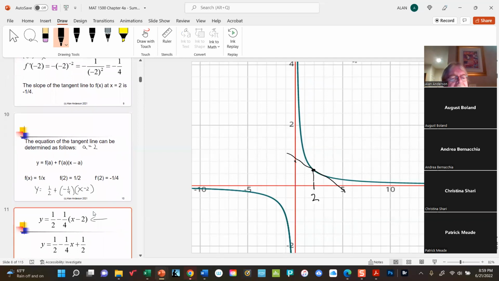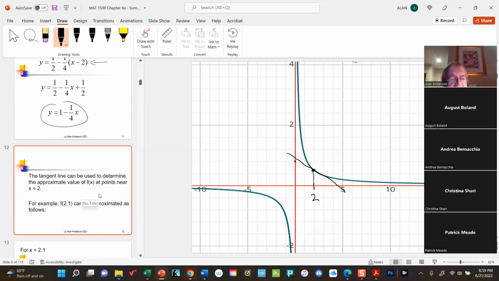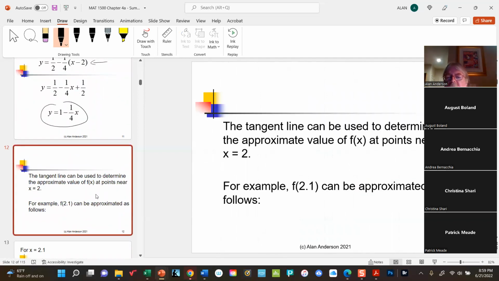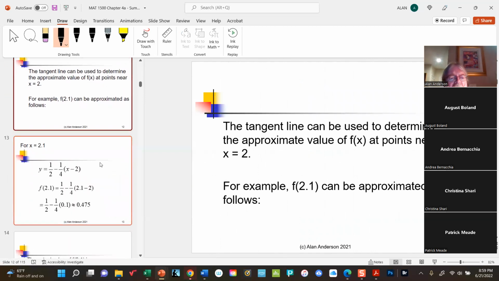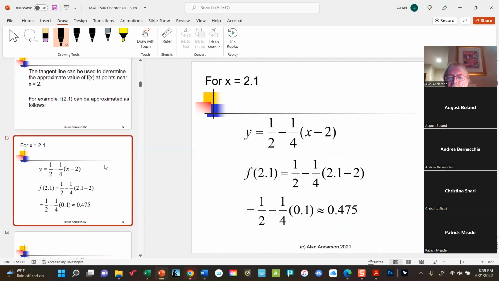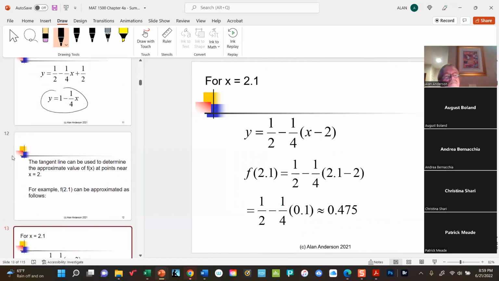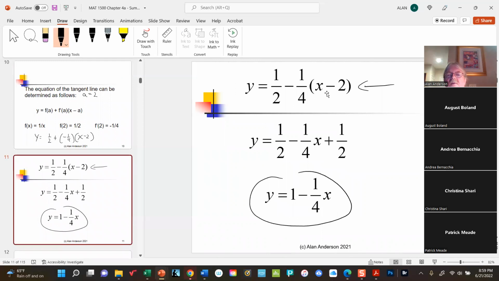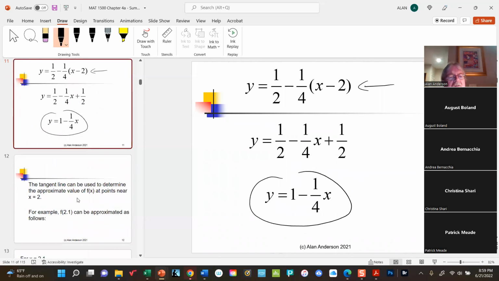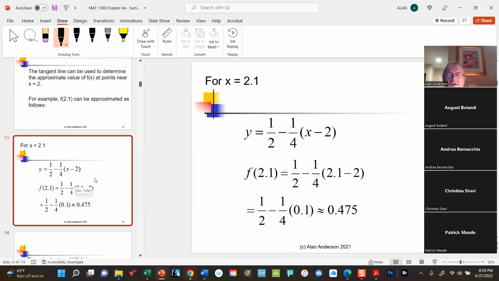Okay, so what if we wanted to know f of 2.1? Well, using this technique, here's what we're going to do. This is the equation we came up with. Remember I said this format will be a little bit more convenient, so we'll stick with that one. And what we're going to do is replace the x with 2.1 because we're trying to solve specifically for 2.1.